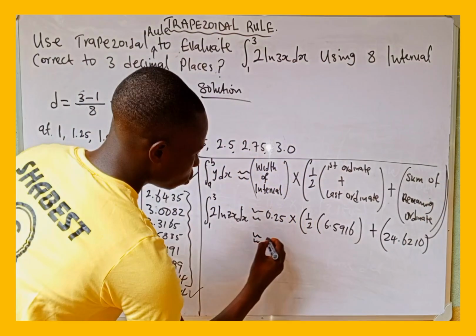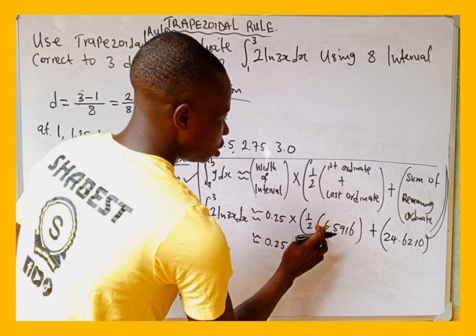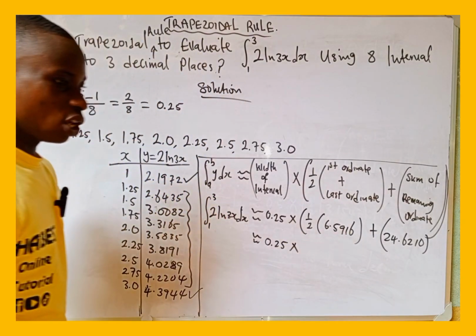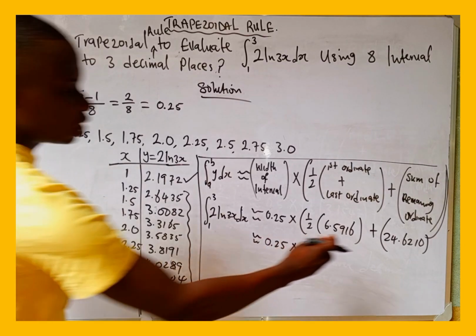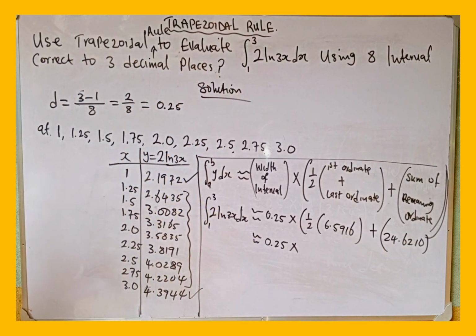So we are going to have what? The width, which is 0.25 multiplied by 6.5916 divided by 2. You press equal to, which is going to give us what? 3.2950. Then plus, you add it to this 24.6210.